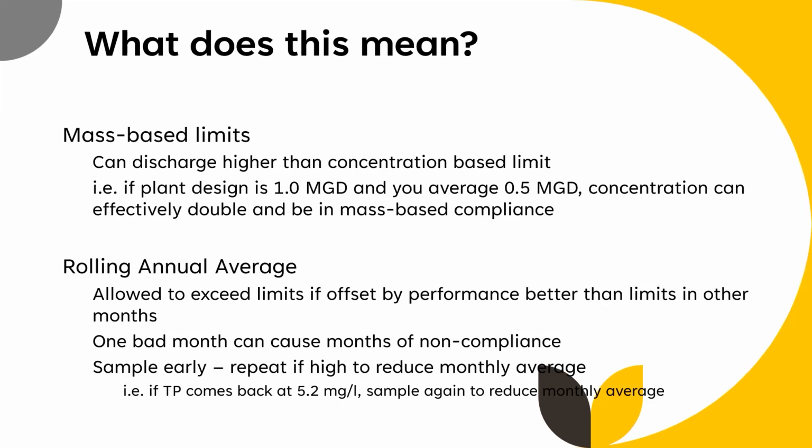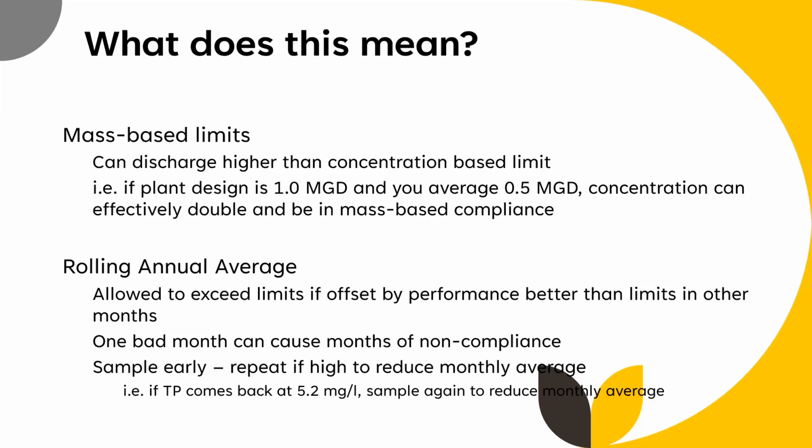It's beneficial to you if you're operating close to that mass-based limit. Some months you're 20% under, some months you're 10% higher. That gives you flexibility in how you operate, and you can have little hiccups here and there and still be in compliance. That being said, one bad month can cause months of non-compliance.